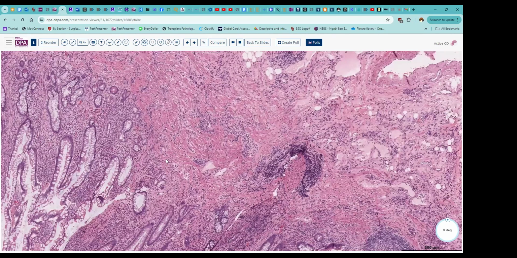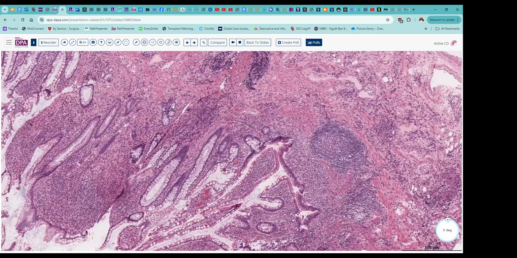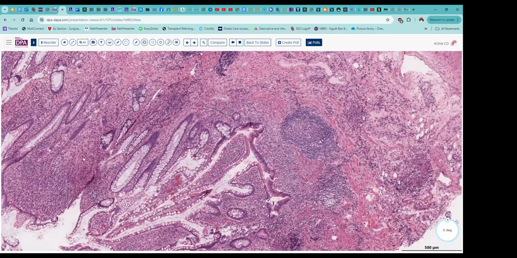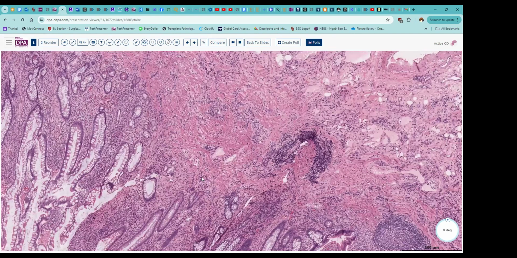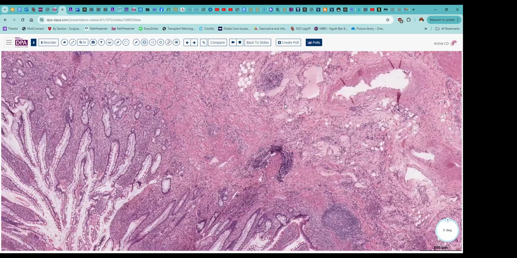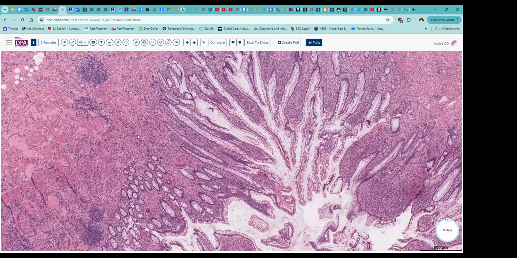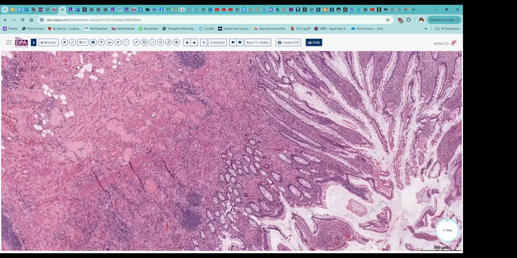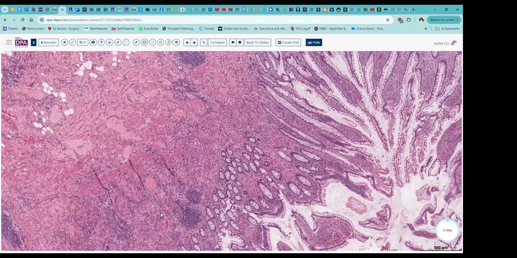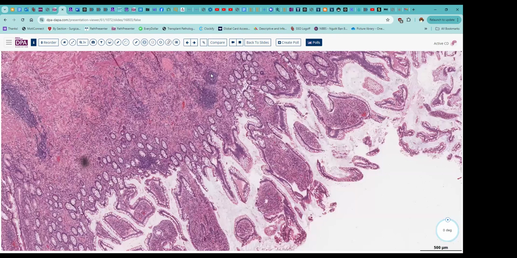So this is muscularis mucosa, and it's far beyond the normal thickness, and some of it's getting pulled up into the mucosa here with variable ulceration and inflammatory change. Again, you can see how that muscularis becomes hypertrophic.